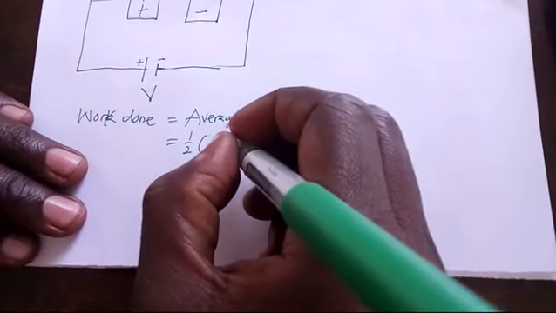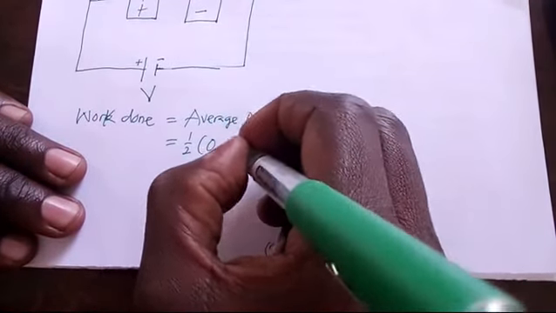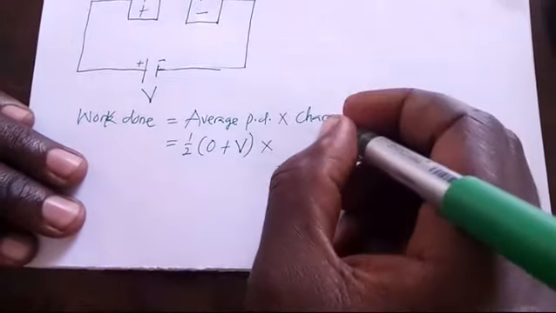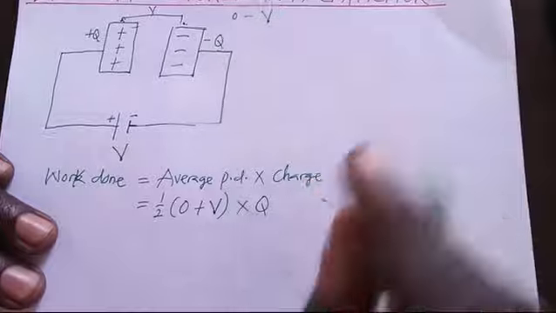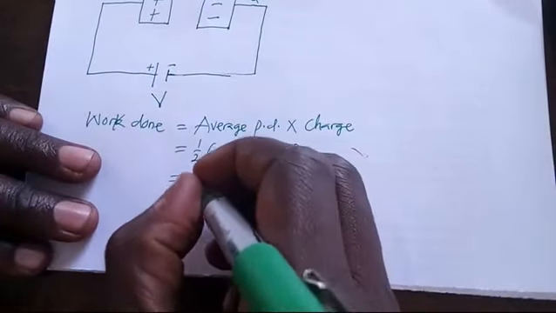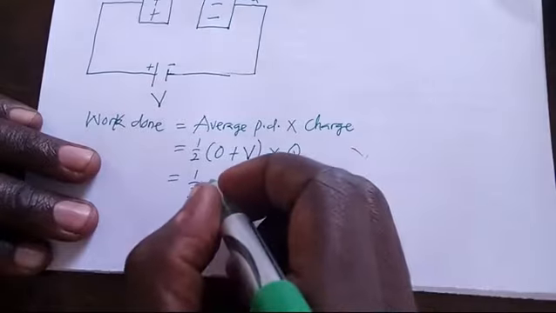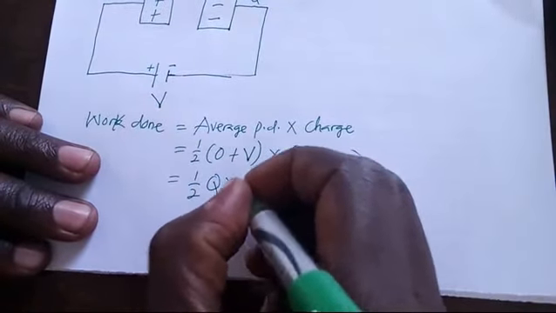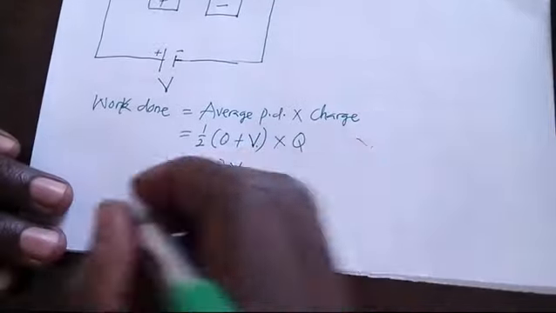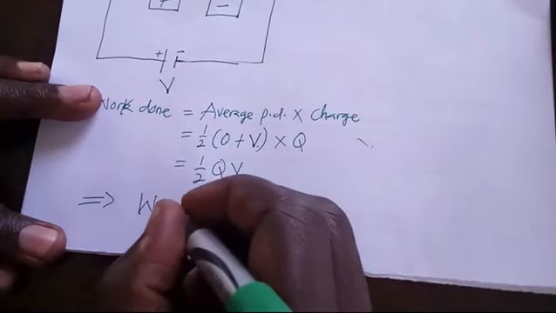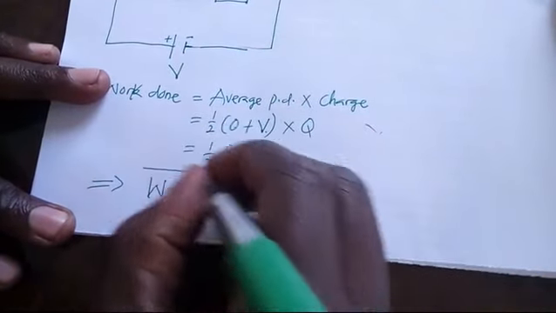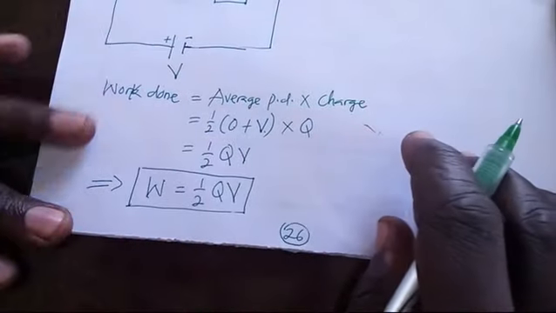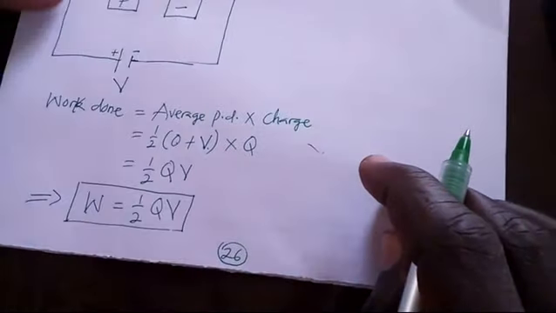It was 0 when you started, and then it reaches a maximum value of V, then times Q. Q is the total charge stored on either plate, capital Q. So this one will now be half, and then you bring your Q, and then you bring your V, because 0 plus V is V. So this means the work done or energy stored in a capacitor is given by half QV. This is the formula we use to calculate the work done or energy stored in a capacitor.